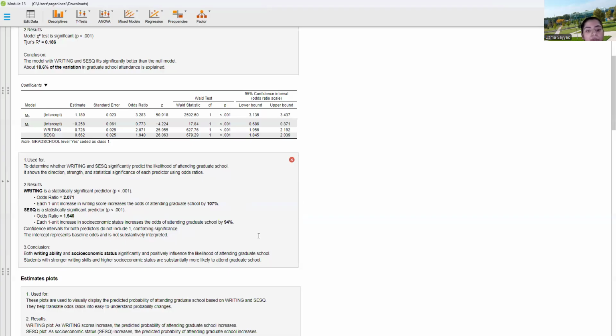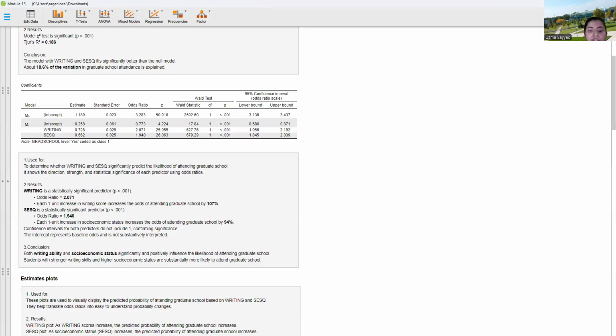Again, the confidence interval does not include 1, confirming statistical significance. This shows that students from higher socioeconomic backgrounds are substantially more likely to attend graduate school.